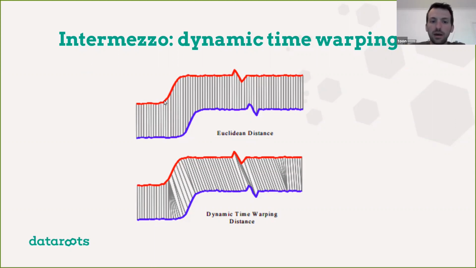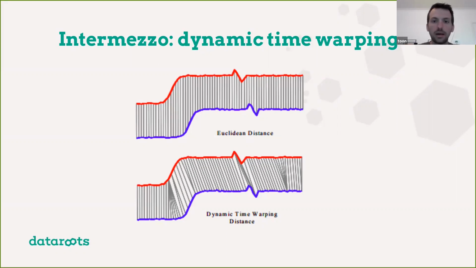If we have the red time series and the blue time series, for most purposes, we would consider them to be very similar, right? They have the same shape here. It's only that it is shifted a bit. And a Euclidean distance cannot really cope with this shift, but dynamic time warping can basically map these points to handle this shift. So the dynamic time warping distance between these 2 instances would be low, as you would intuitively expect.